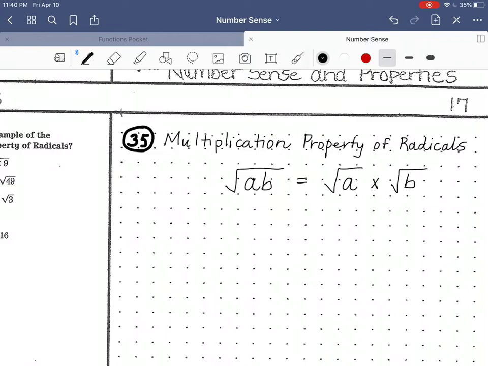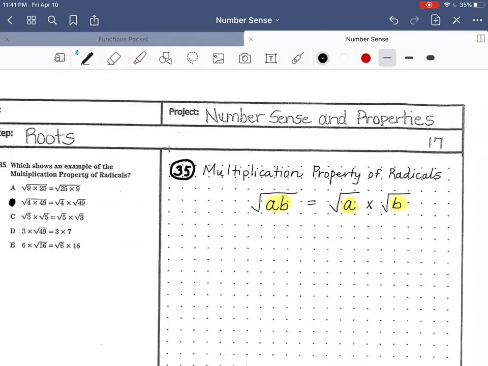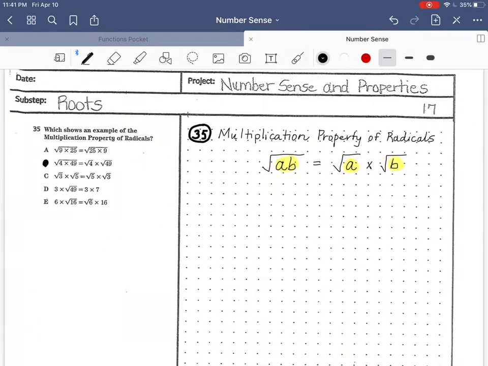It simply is saying that we can take this term and split it into its parts because we're multiplying in both situations. Okay, so that is what the rule says.